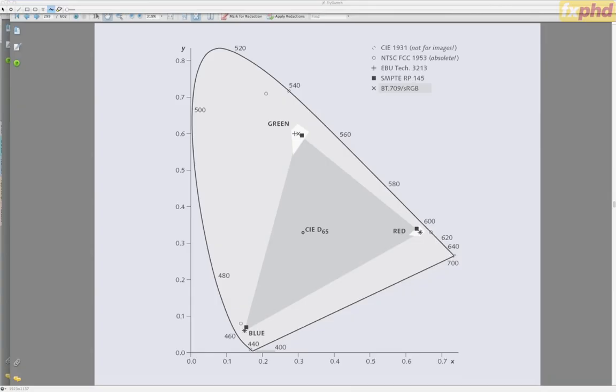we can plot into the little x, little y diagram the triangle of 709 RGB. And 709 RGB is physically realizable. We can make those primaries individually. Now, that's unlike ACES, which has non-physical primaries, as you remember.